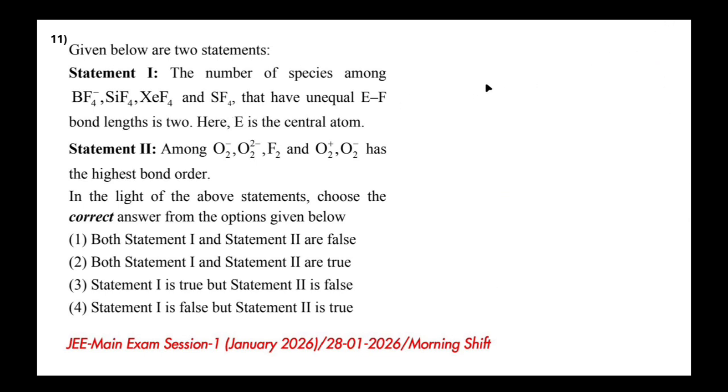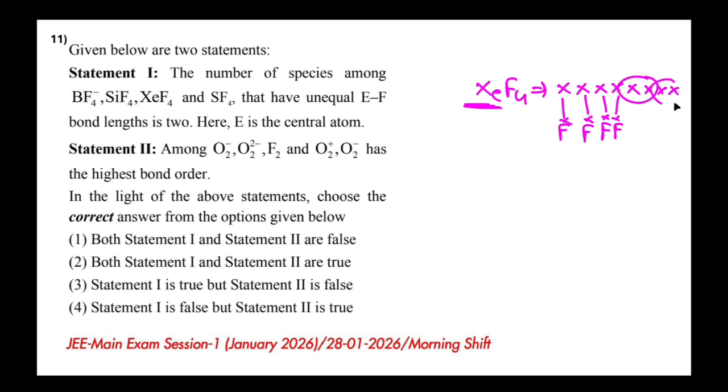Next is the XeF4 molecule. In that, the central atom is xenon. Xenon has 8 valence electrons, group number 18. It is bonded with 4 fluorine atoms and also contains 2 lone pairs. This involves s, p, p, p and then d, d orbitals.